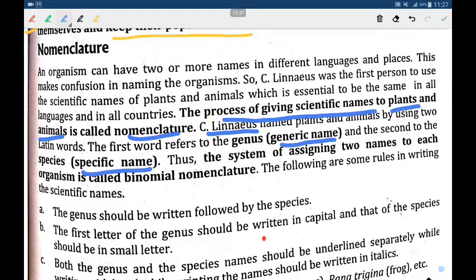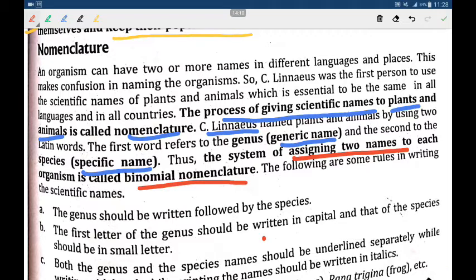So the first name is of genus, the second name is of species. That system of assigning two names to an organism is called the binomial system of nomenclature, or simply binomial nomenclature.